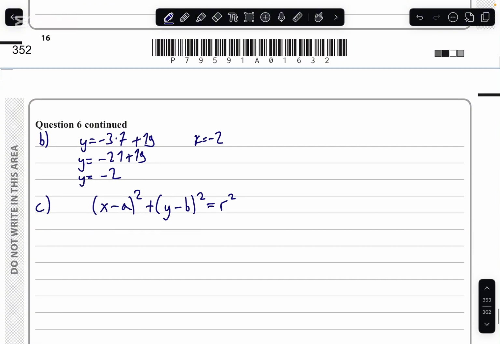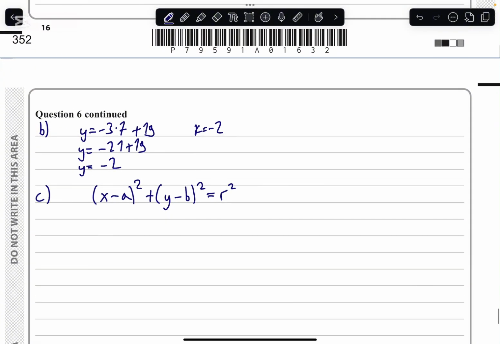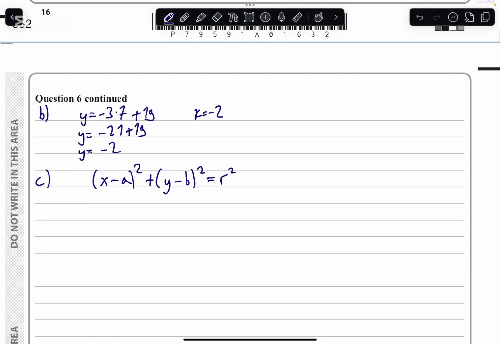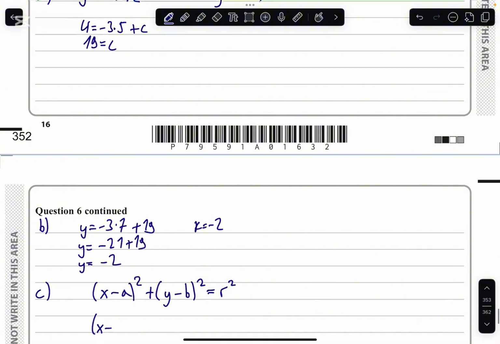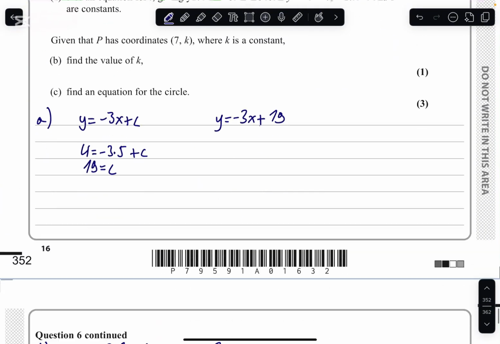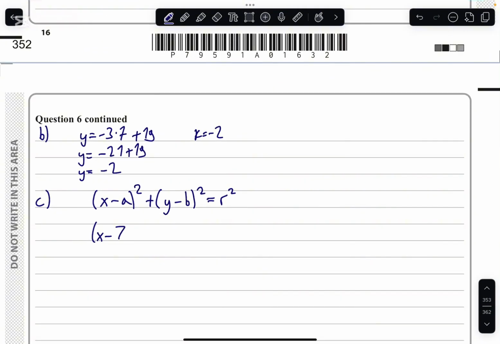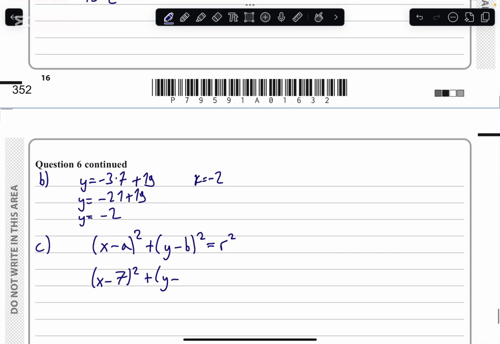Since we know the center, we already have the equation half completed. So it's (x - 7) squared, plus (y - (-2)) squared, so that's just y + 2.